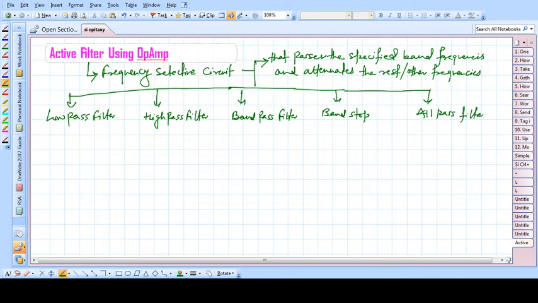So in this video we will try to cover only the low pass filters.